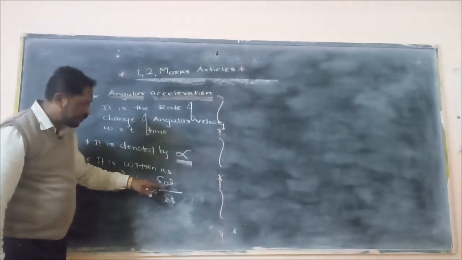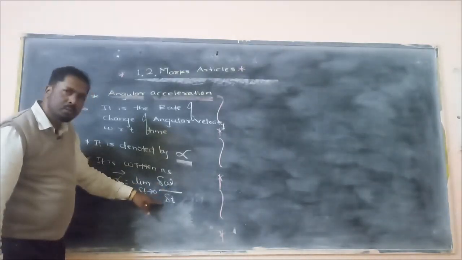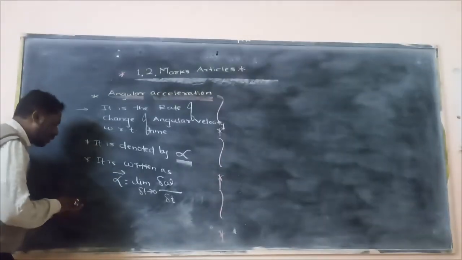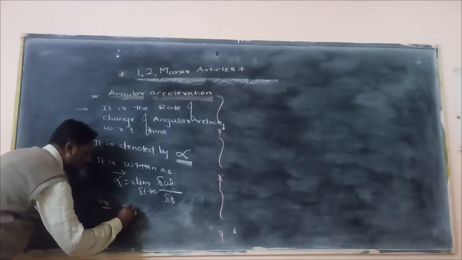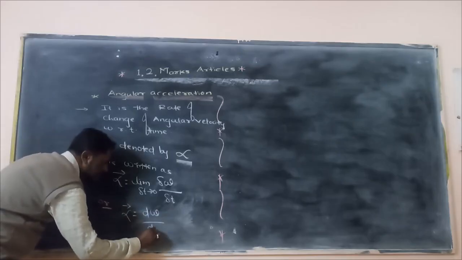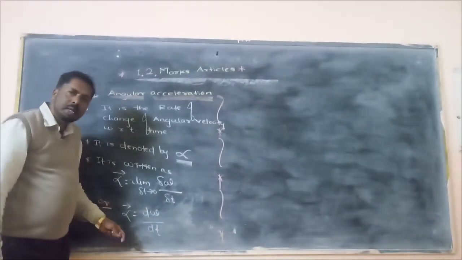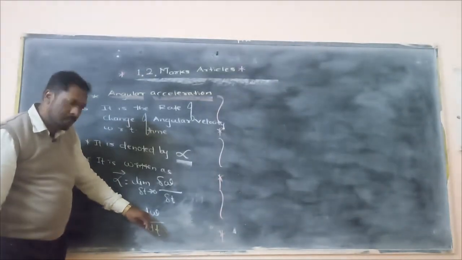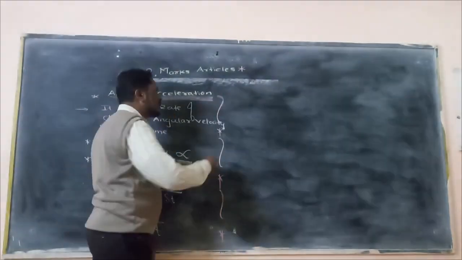Omega means angular velocity. Change in angular velocity with respect to time is called angular acceleration in the form of delta, or in the form of d, that is vector alpha is equal to d omega by dt. Alpha is equal to d omega upon dt. Again d stands for change. So what we can say, change in angular velocity with respect to time is called angular acceleration.